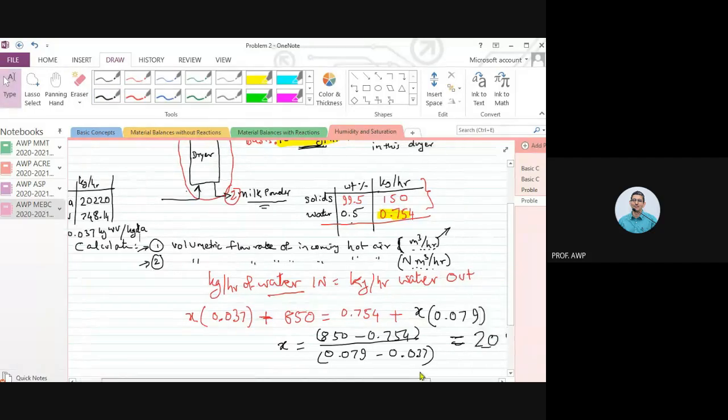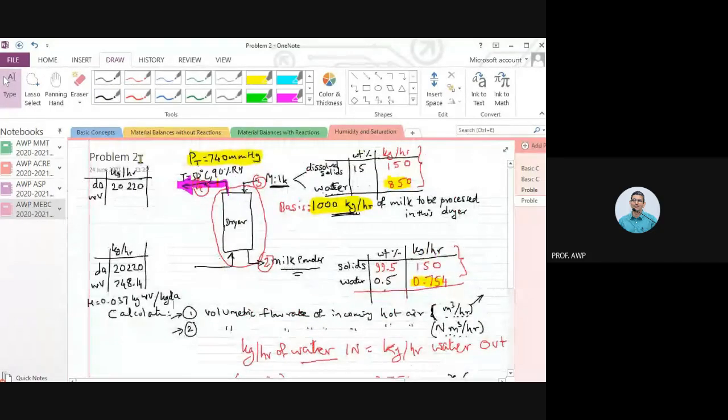And the outlet air has humidity of 0.079 kgs of water vapor per kg of dry air. Do you agree with this?